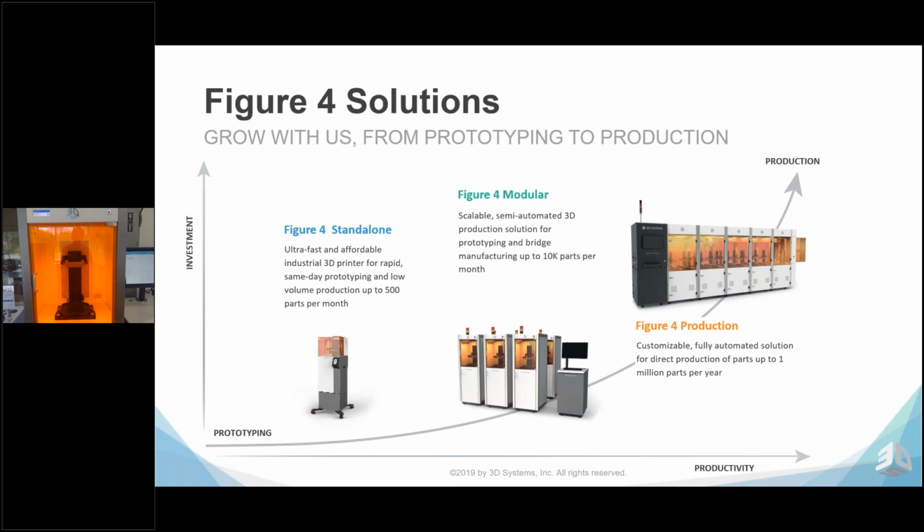So with the modular machine, what's interesting is you can add print engines to a single controller, and you can add up to 24 of the print engines running off a single controller. What that means is that you can add these as your production needs grow.